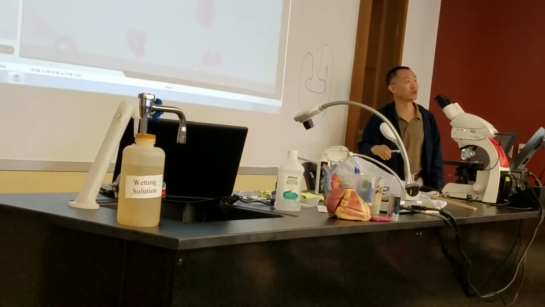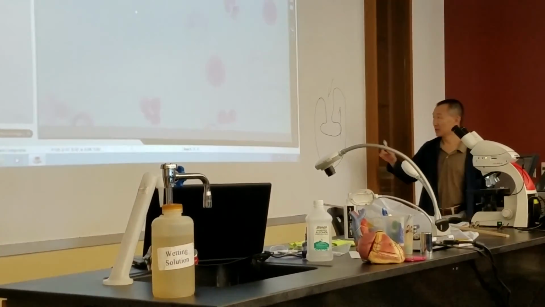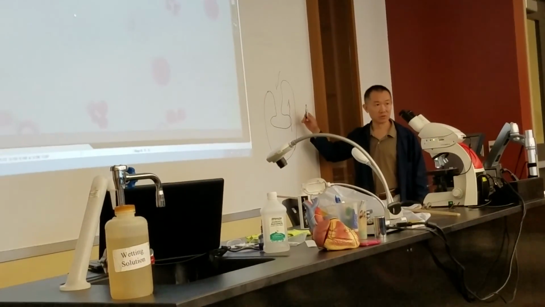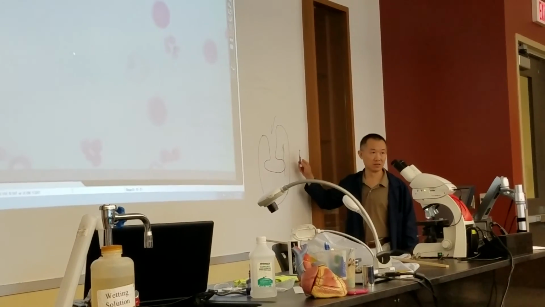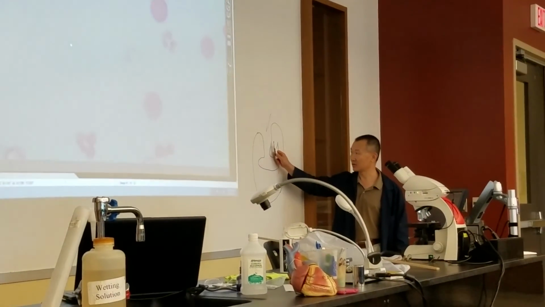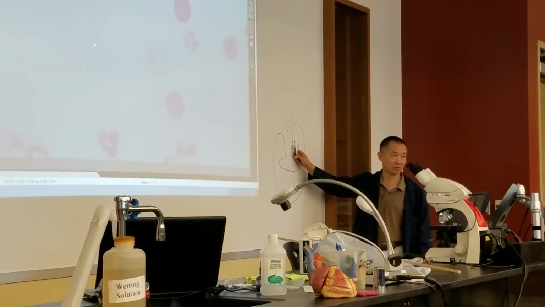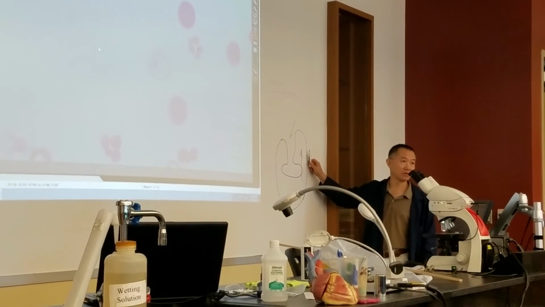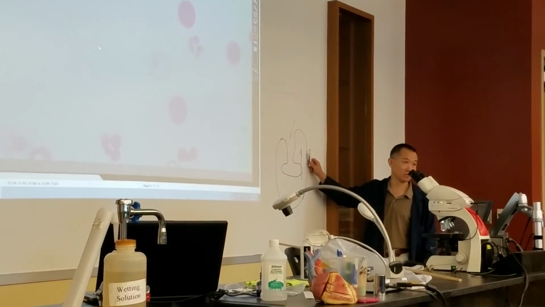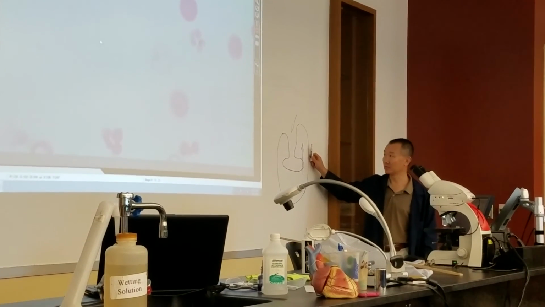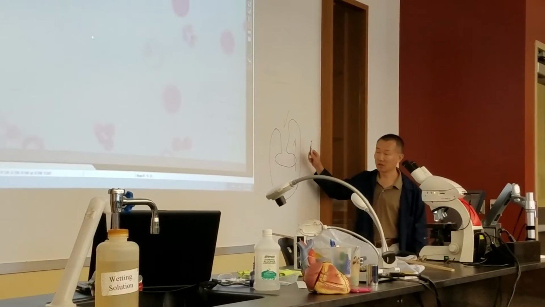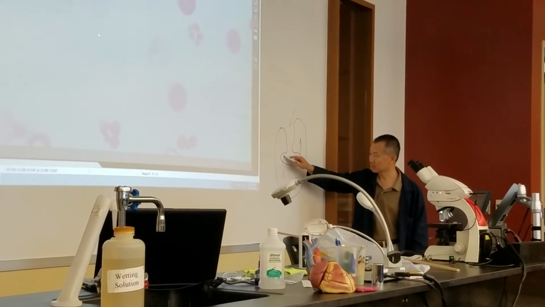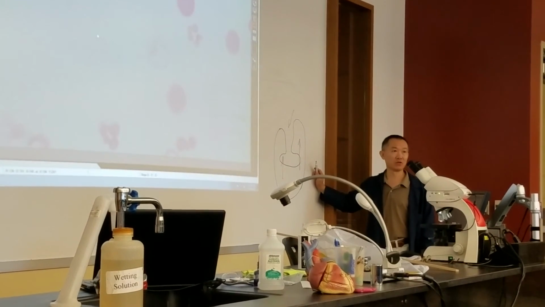You say this is blastocoele. If I ask you the tissue, left or right of the arrowhead, if it's left, this is the future endoderm. If it's the right, this is the future ectoderm. If I point to this, this will be future mesoderm.